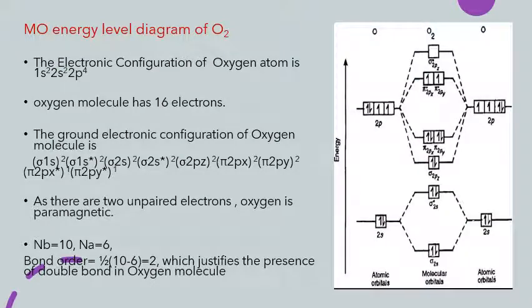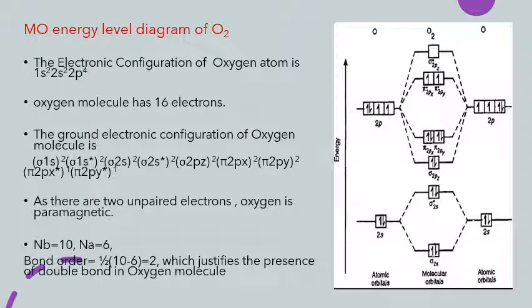So let us see the molecular orbital energy level diagram in a few examples. The first one, let us see in the case of oxygen. As you know, the atomic number of oxygen is 8 and its electronic configuration is 1s2, 2s2, 2p4.